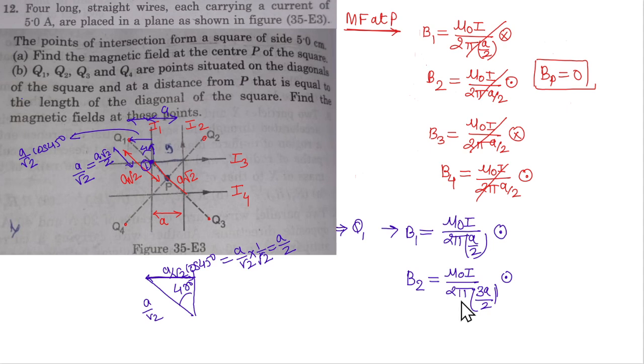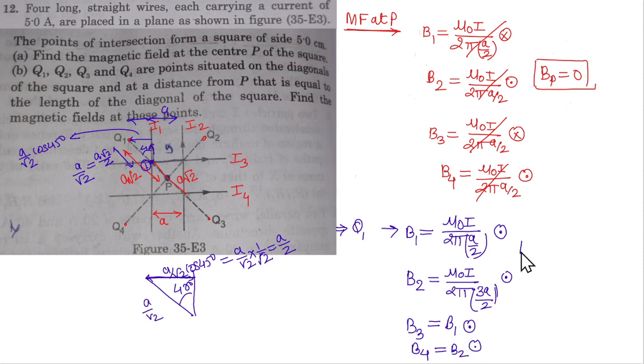B3 due to current I3 will be equal to B1 and the direction is outward. B4 will be equal to B2 and direction is again outward. So all these magnetic fields will aid.